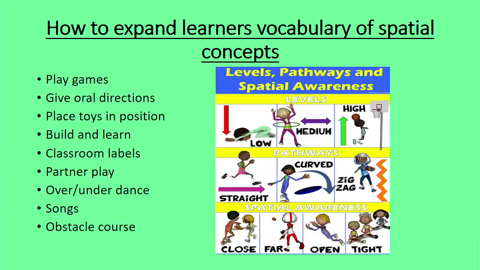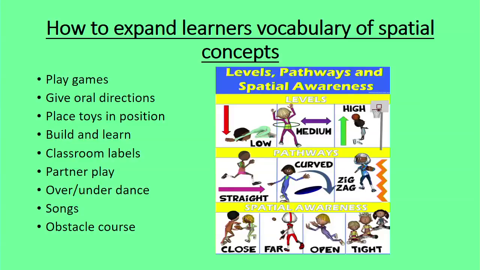That I give oral directions, like I just said. Go left, go right. Place toys in position. I tell my child, go fetch the doll that is on the bed or under the bed. So I place toys in position. Build and learn. I have classroom labels like door, chair, table.